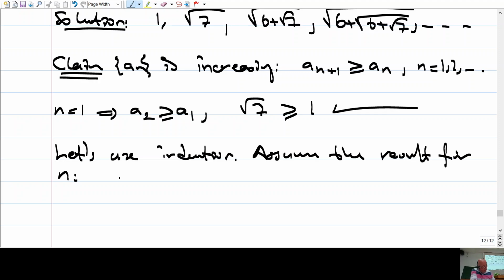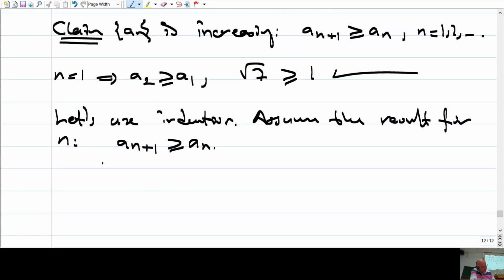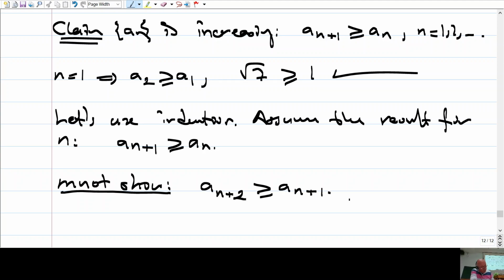So we assume this: a(n+1) is larger than an, and we must show it for n plus 1. So when I plug in n plus 1, I get a(n+2) is larger than a(n+1). Right? We assume the result for n and would like to show that it works for n plus 1.